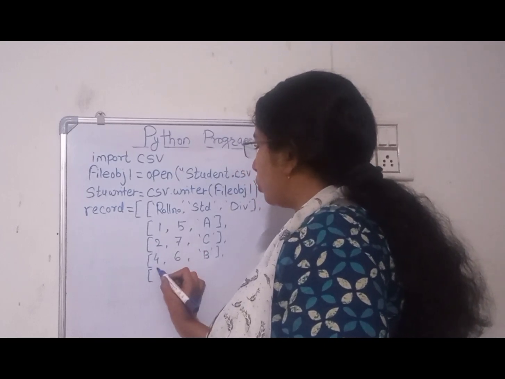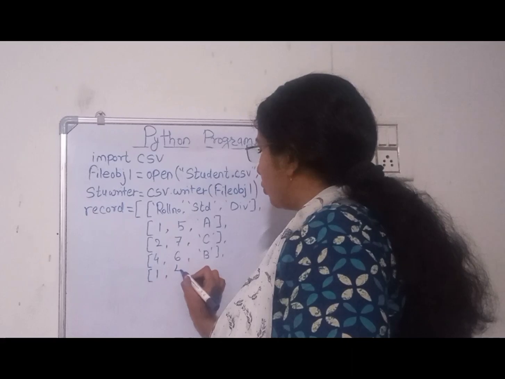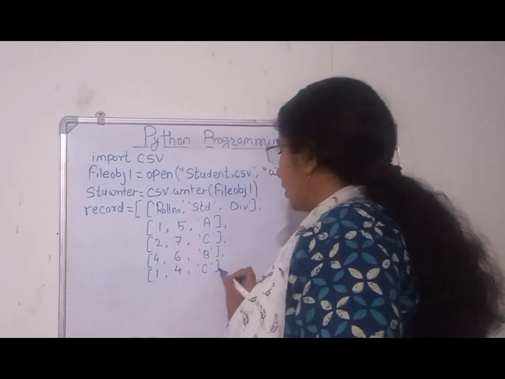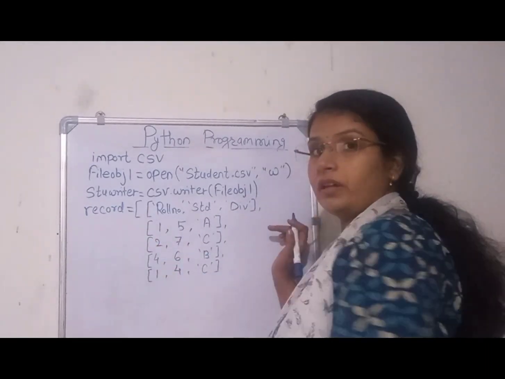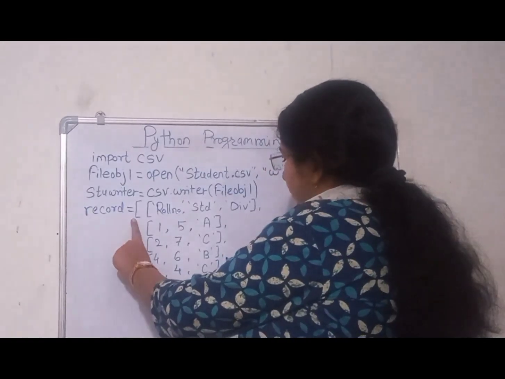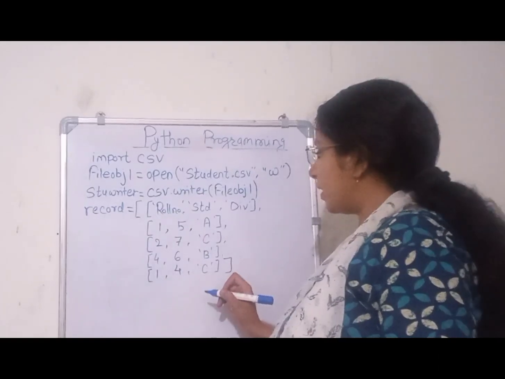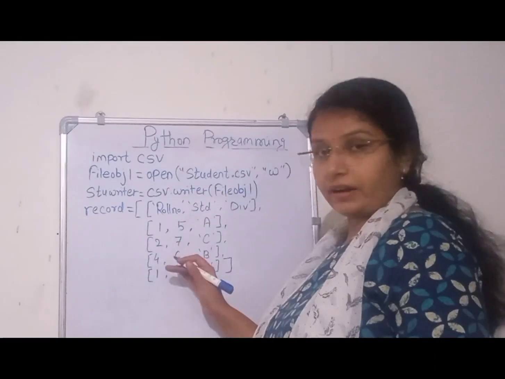Next, roll number 1, standard was 4, division C. That's it. So I want to include these 5 records, 5 lines, and I am just closing this main list here. This will be my opening bracket, this is my closing bracket, and my complete list is ready.